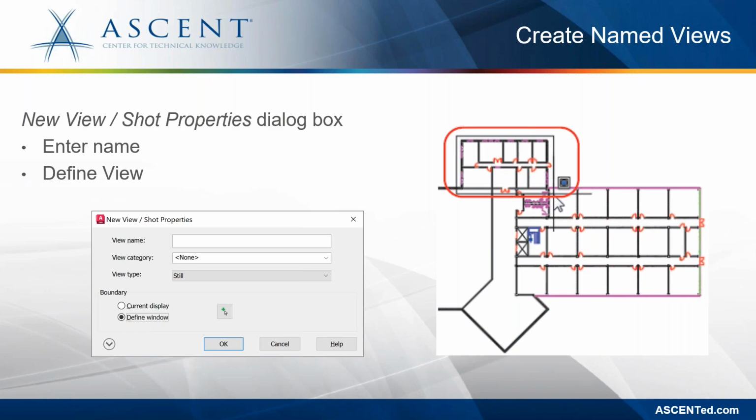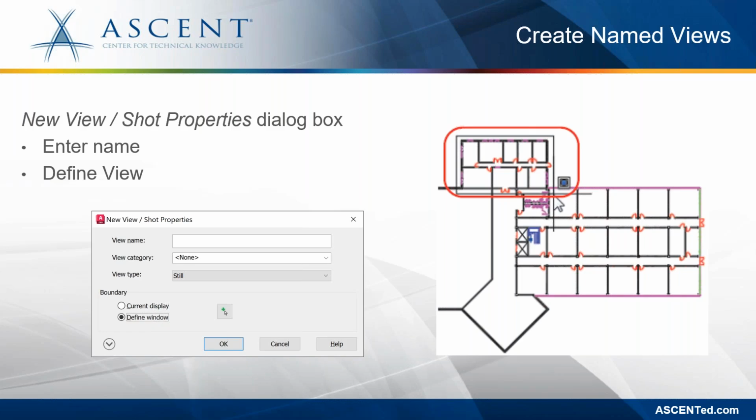As the name specifies, we create a window around the desired area of the drawing. Once the window is defined, the dialog box appears again. By clicking OK in the dialog box, the view gets saved with the name that we specified, and it gets listed in the drop-down list.